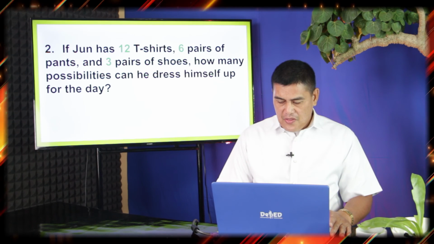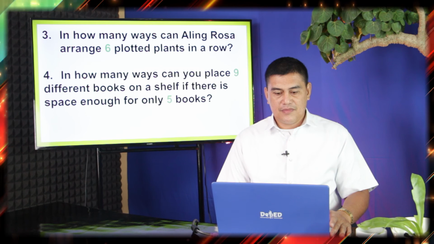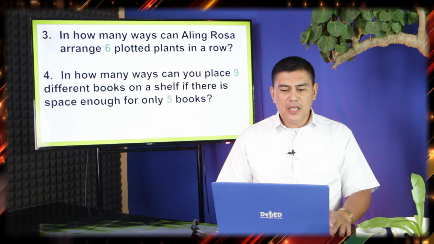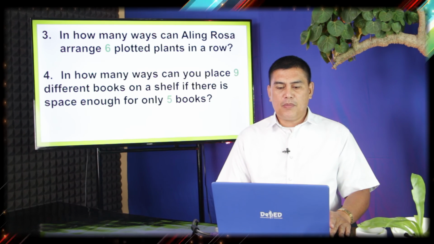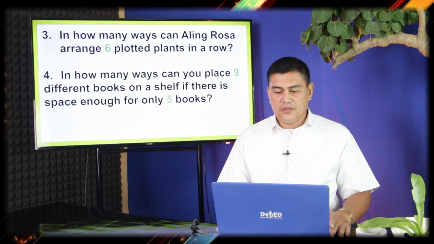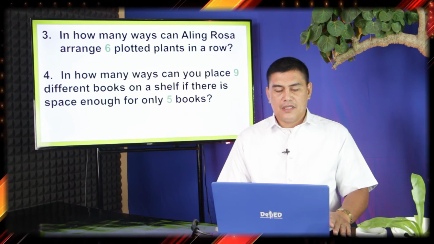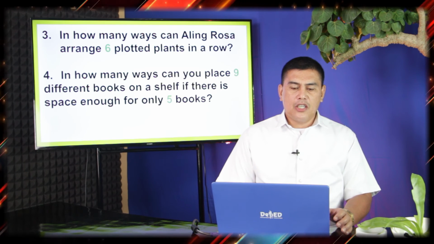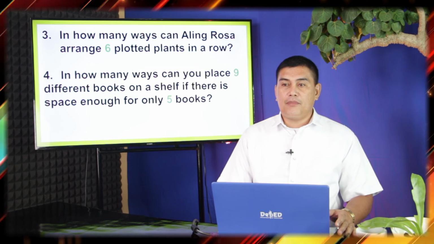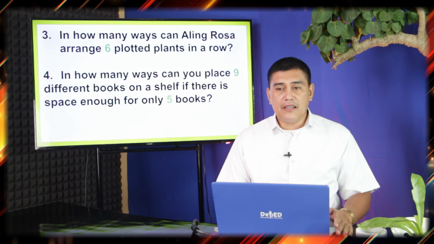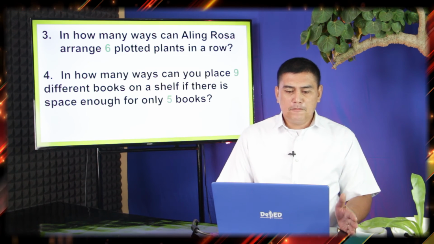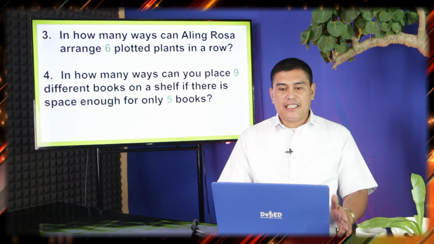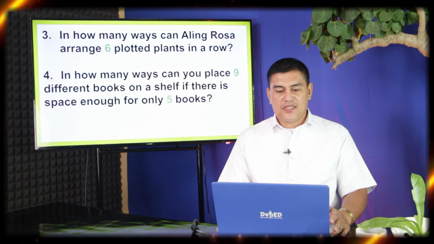Number 3 question. In how many ways can Aling Rosa arrange 6 potted plants in a row? In how many ways can she arrange them?